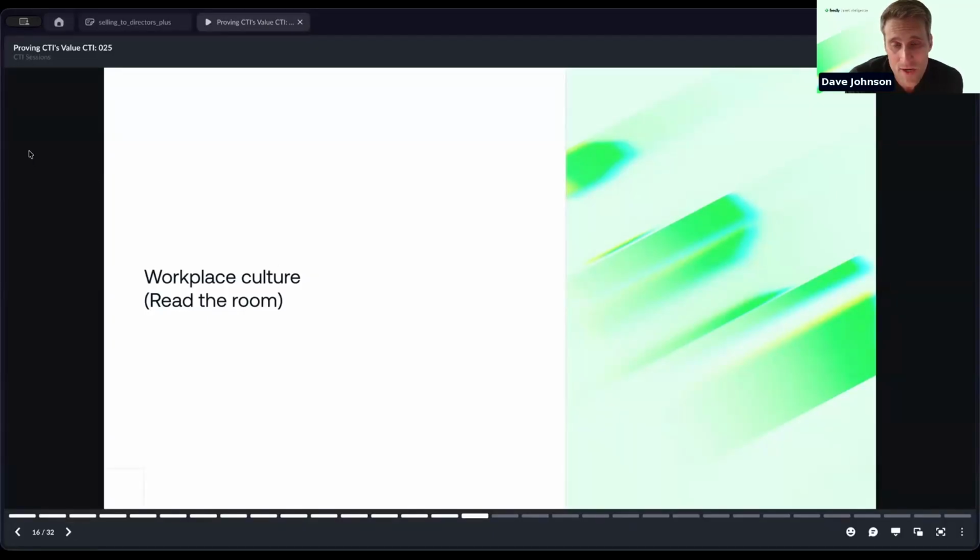Figure out how the business makes money, talk to people who should be affected by CTI, like the risk office or something like that. See if you can find some champions that can help socialize CTI and get them as stakeholders, and then ask them for feedback too.